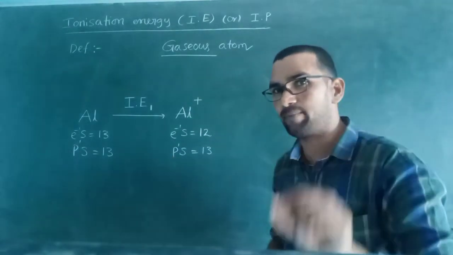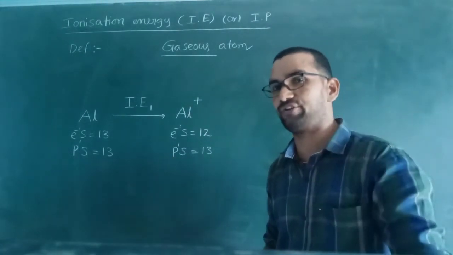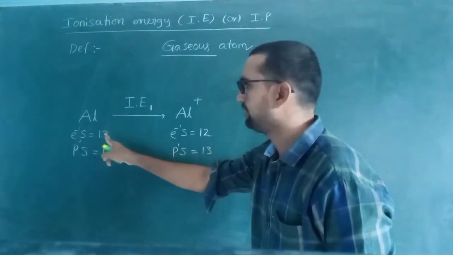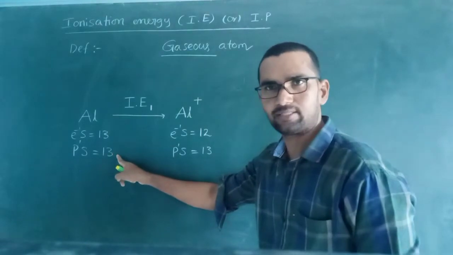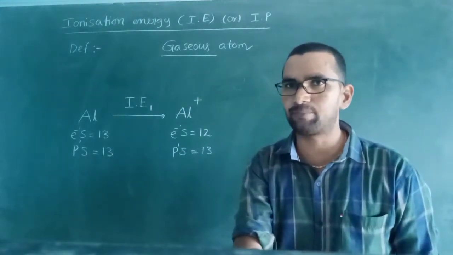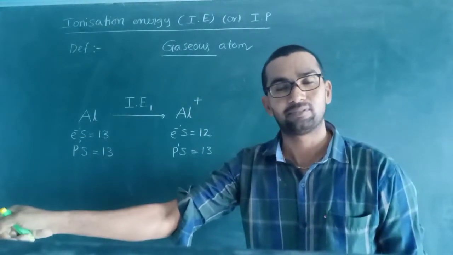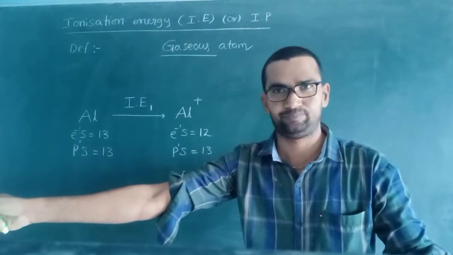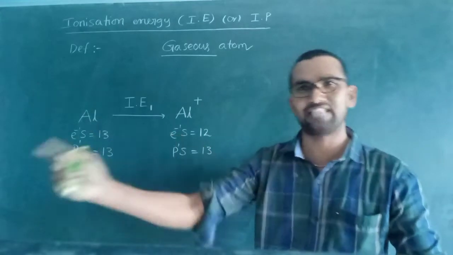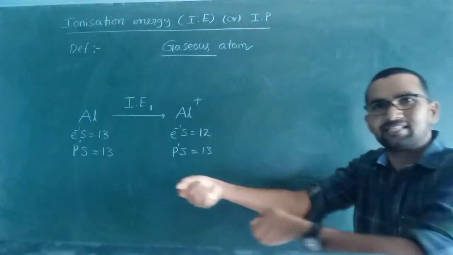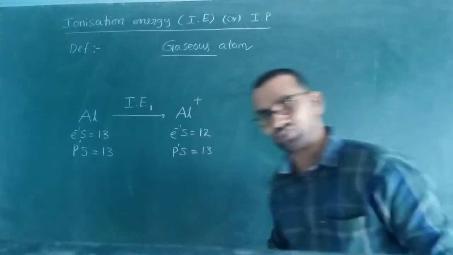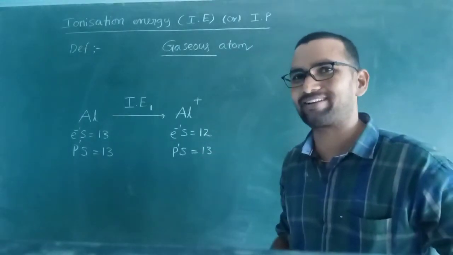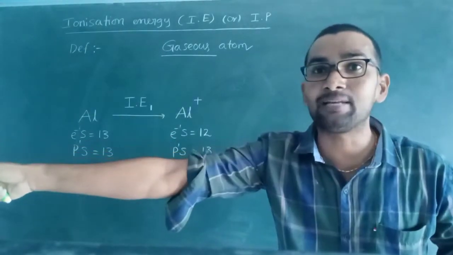Now, in atomic radius I clearly explained everything about nuclear charge. Aluminum contains 13 electrons and 13 protons. Outside 13 electrons are present, inside 13 protons are present. Both sides have the same number, so both are dragging equally, so no use. But after removing one electron, outside 12 electrons are present, inside 13 protons are present.